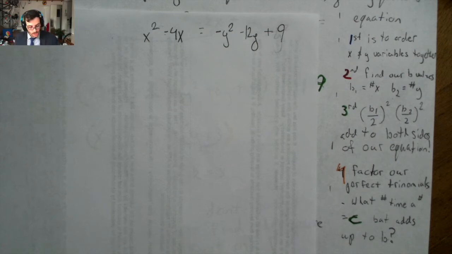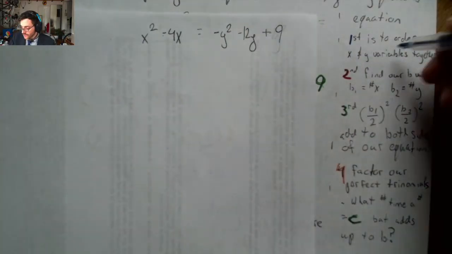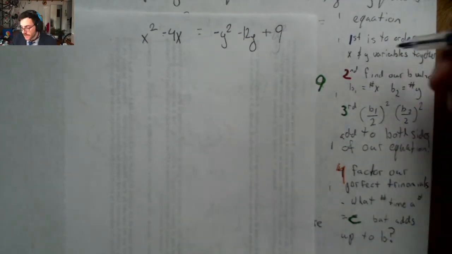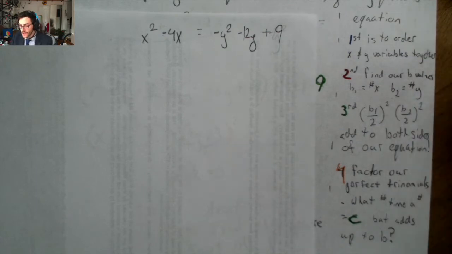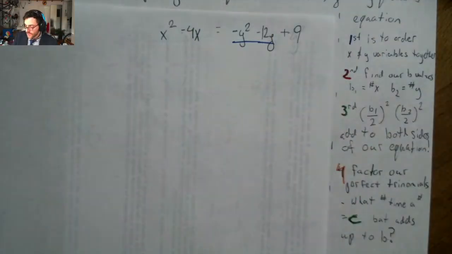Our first step that we're going to take, once again, is we are going to move our values around. Our first task is to reorder our x and y on the left or the right side, typically the left side, but we're going to put them in that x squared minus x format, y squared minus y format. So we're going to move these two values over to our left side.